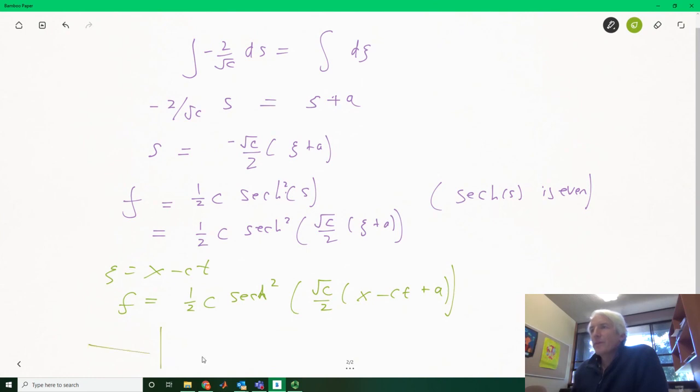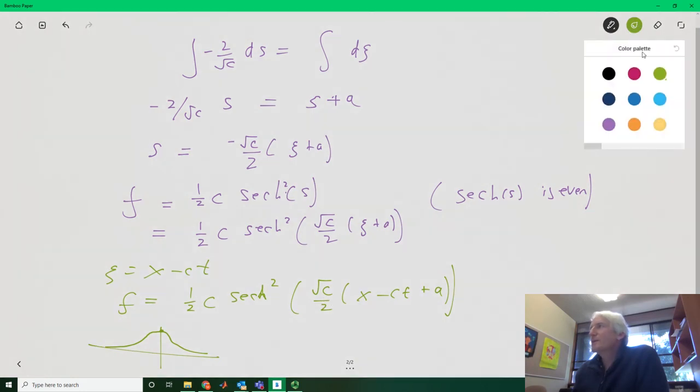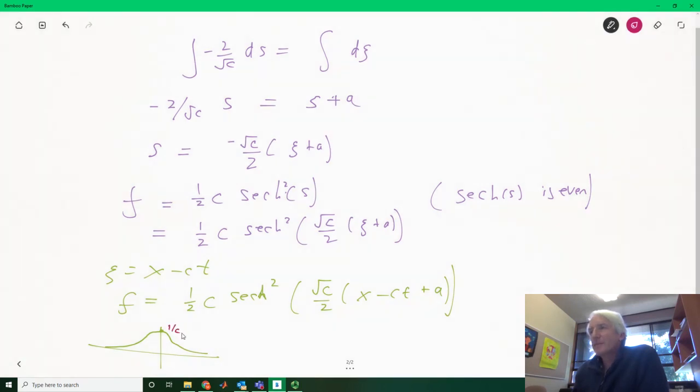If I draw a picture of it, it looks like that. And the height and the width and the speed are related. You can see here if c increases, it gets taller, but it gets narrower. This is a half c.